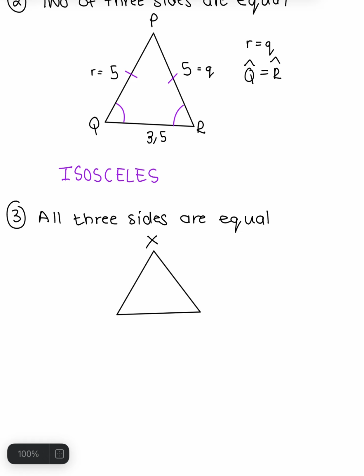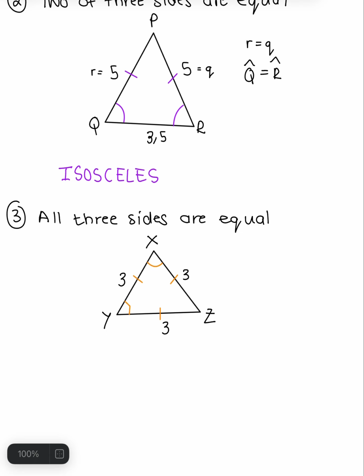I'm going to call this triangle XYZ, and I'm going to say that this is 3 centimeters, this is 3 centimeters, and this is 3 centimeters. Once again, I'm going to indicate with the straight line the sides that are equal, and in this case, all sides are equal. If we think back to isosceles, the two sides were equal and the corresponding angles were equal. It's the same case in this triangle. If the three sides are equal, all three angles are equal to each other.